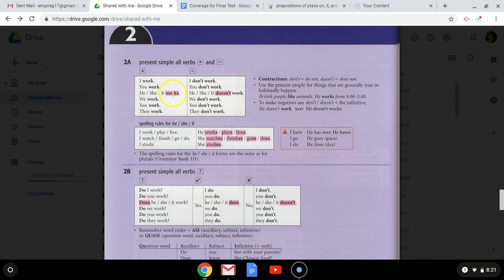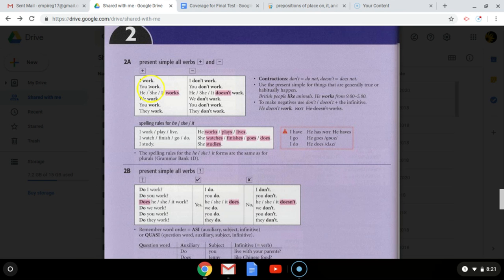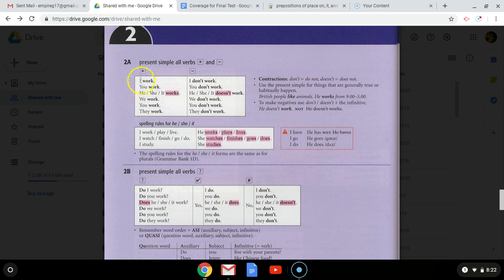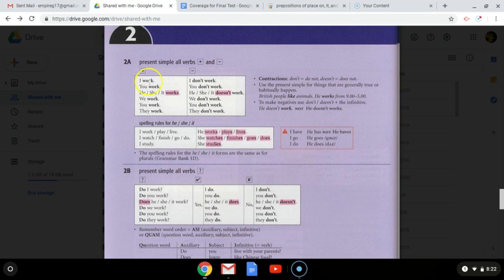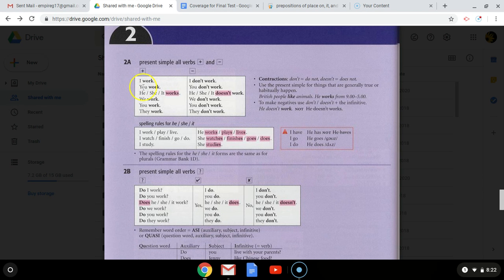And then works is used if the subject is singular. Okay, remember, I and you, they are singular, but they are an exception to the rule. So always use the base form without s if the subject is I and you.